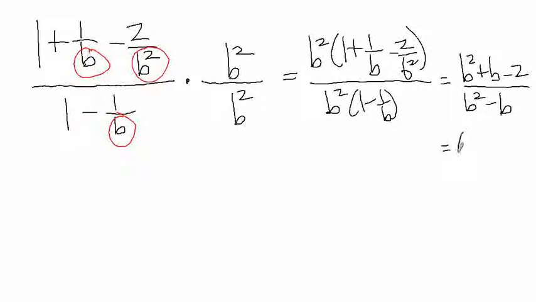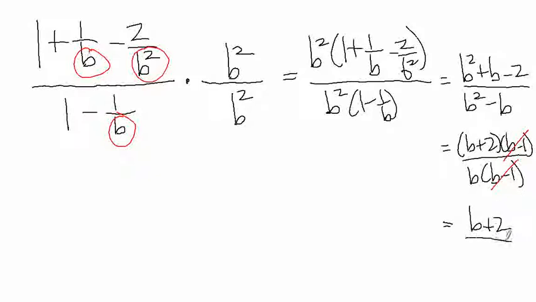So the top you can factor to b plus 2, b minus 1. The bottom you can factor to b times b minus 1. And then you can cancel the like terms, and putting it all together we end up with b plus 2 over b.